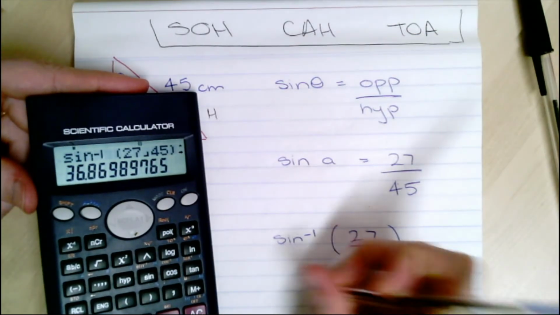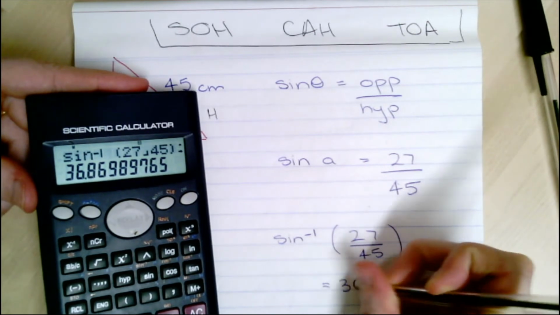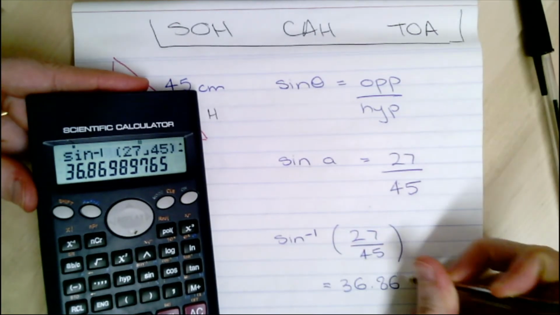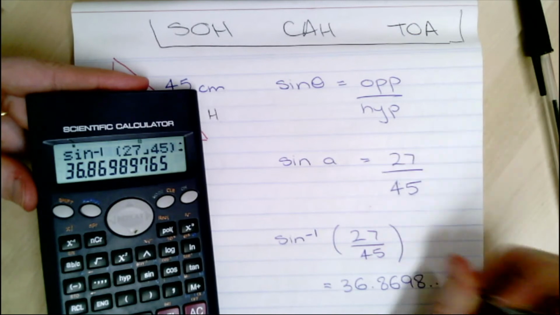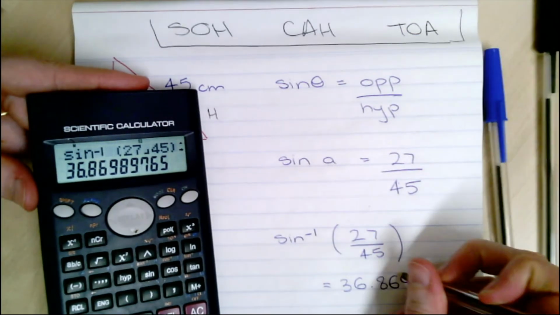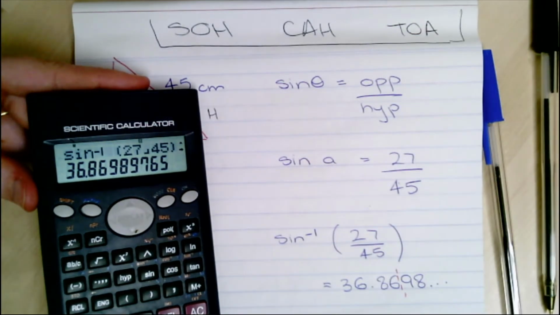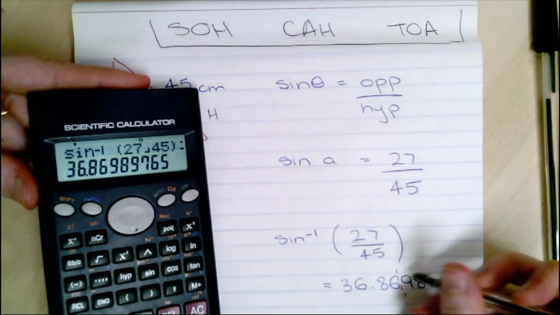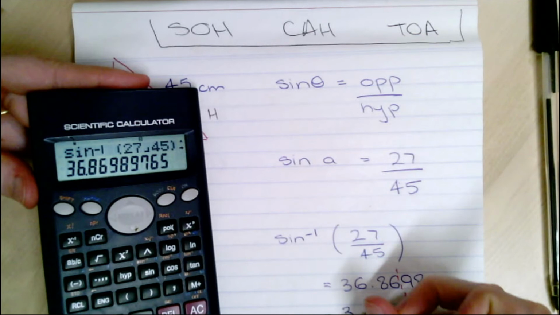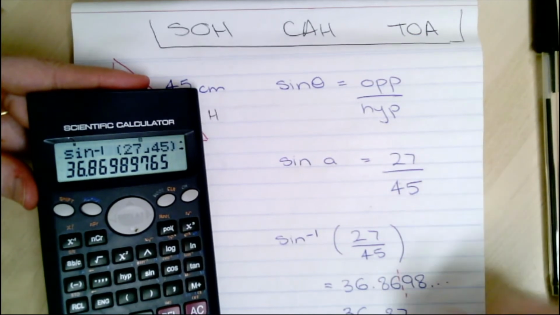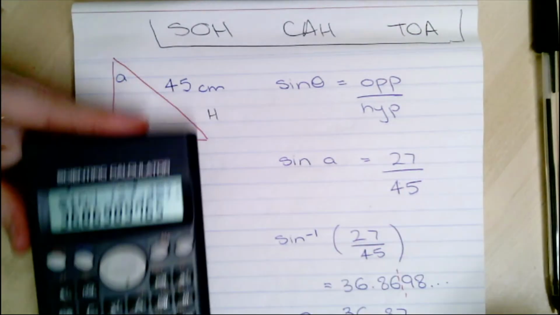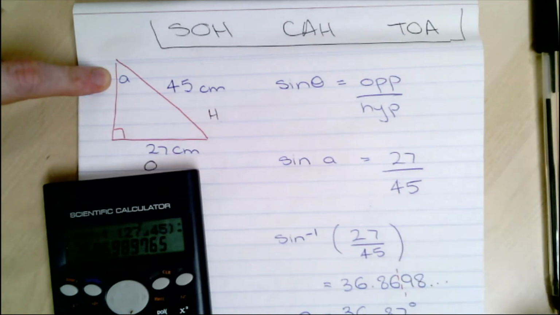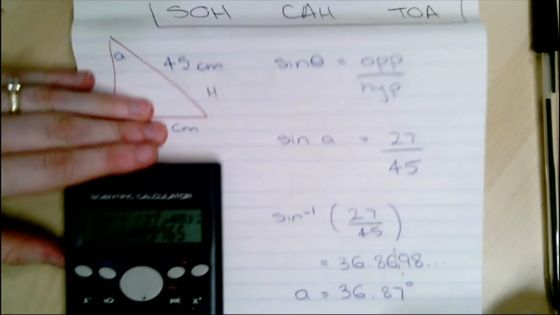That's going to give me 36.8698, and so on. As always, I like to round to 2 decimal places unless your question tells you otherwise. So 9 rounds up, which means this will round to 36.87. That's what A is equal to, and that's in degrees.